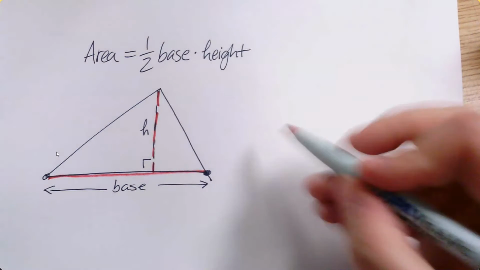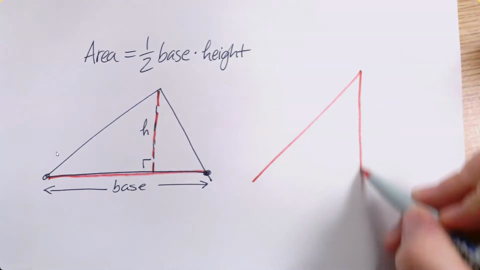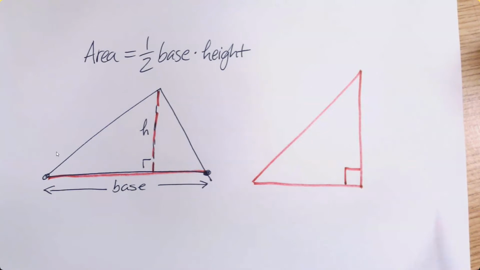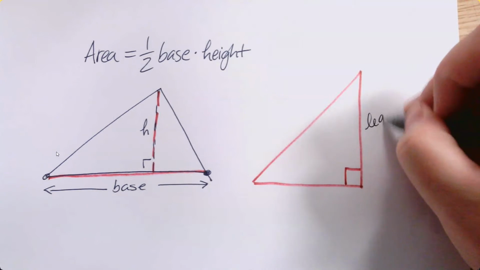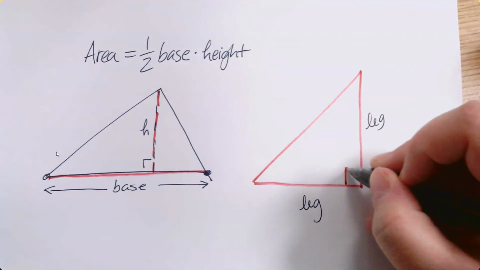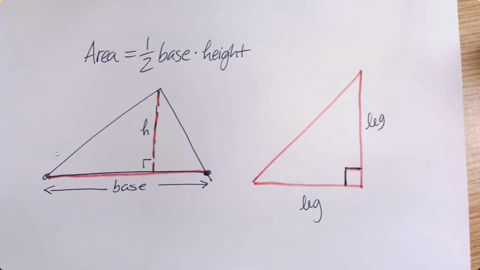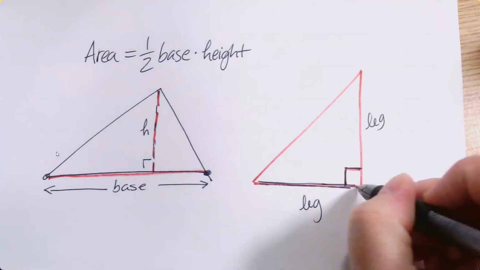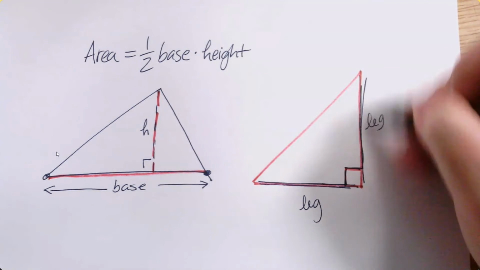So anytime you have a right triangle, the two legs, remember the legs are the sides that meet at the right angle, already meet at a right angle. So either one of them we could call the base, and the other one then is the height.